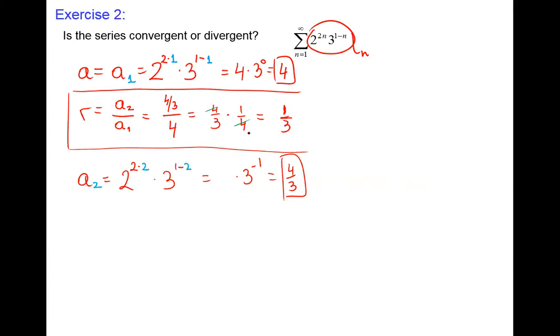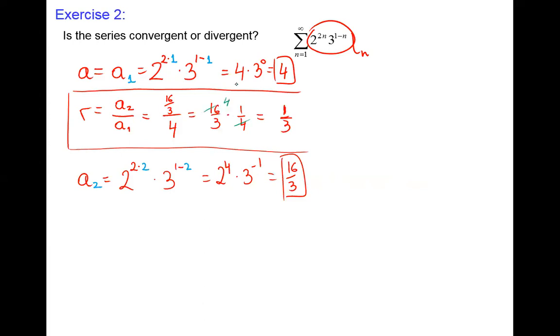This is 2 to the power of 4, 16 over 3. Where is my mistake? My mistake is here. 16 over 3.